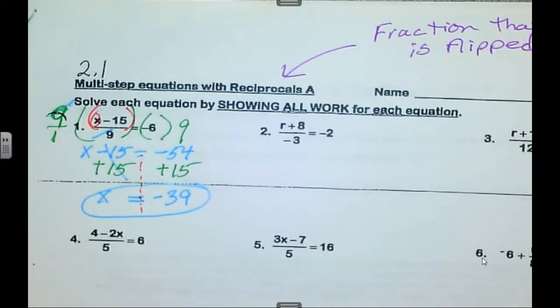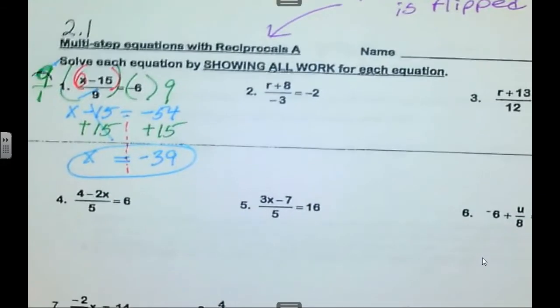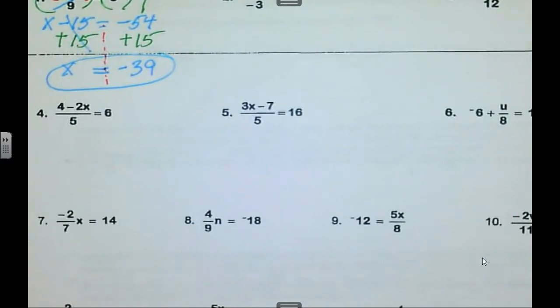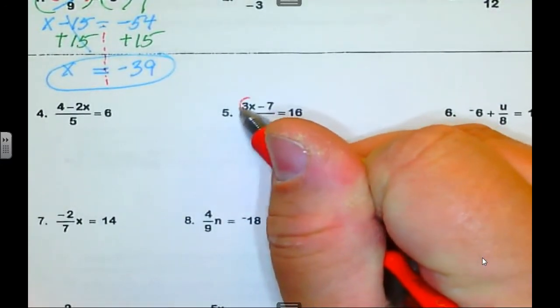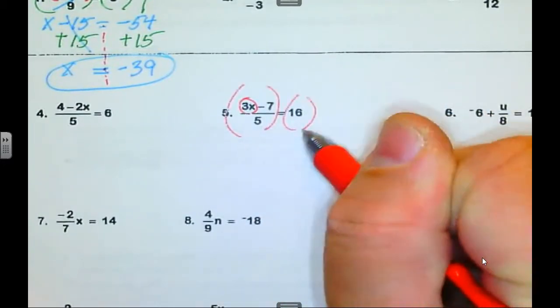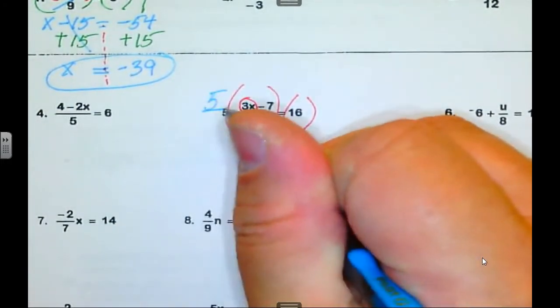Let's do number 5. A little bit different, not much. What am I going to do first? Yeah, I have to get rid of the 5 first. I'm going to multiply both sides by the denominator 5, or 5 over 1.